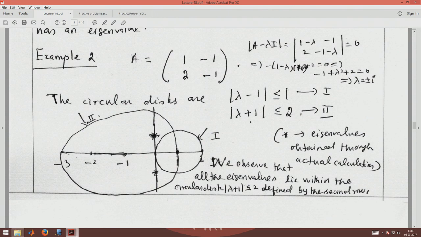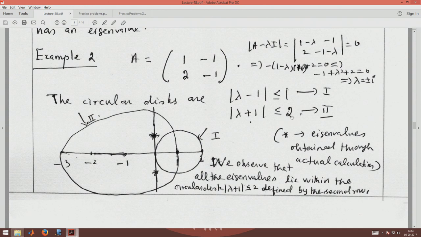Now, let us see what Gershgorin's theorem tells us. The circles within which the eigenvalues plus or minus i lie are given by modulus of lambda minus A11, where A11 is 1, less than or equal to modulus of minus 1, that is 1, and modulus of lambda minus of minus 1, that is modulus of lambda plus 1, less than or equal to 2, which gives us the second circle.